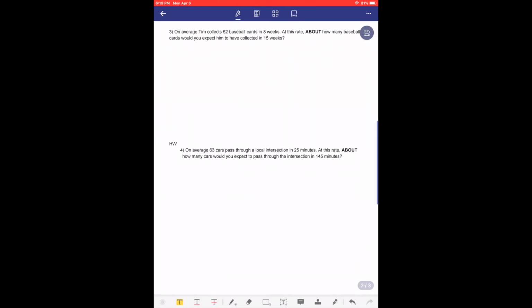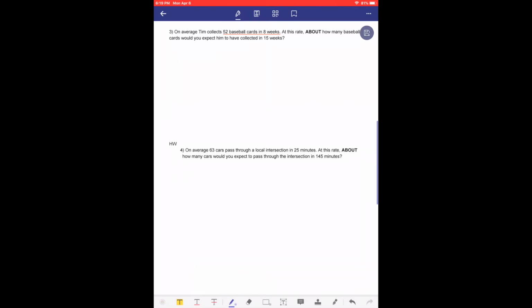Question number 3. On average, Tim collects 52 baseball cards in 8 weeks. At this rate, about how many baseball cards would you expect him to have collected in 15 weeks? So the first part of information they give you is 52 baseball cards in 8 weeks. So I know the two things I'm comparing are baseball cards and weeks.